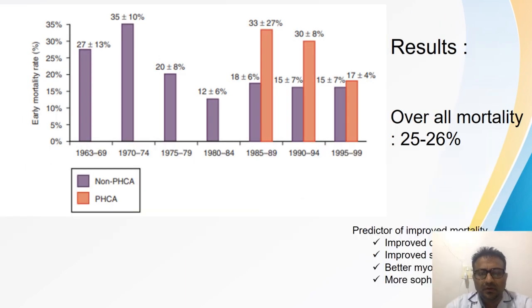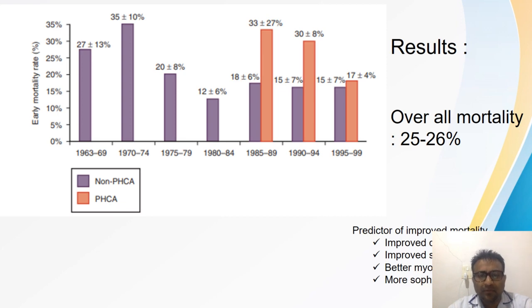The result: the early mortality of aortic dissection surgery is approximately 25 to 26% of the cases. It has improved over the decades. The predictors of improved mortality are improved diagnostic and imaging techniques, improved surgical techniques, better myocardial protection, sophisticated CPB techniques, and of course improved surgical experience.